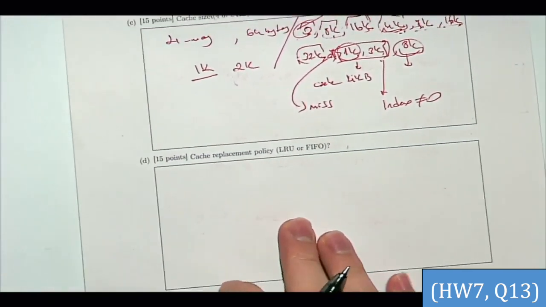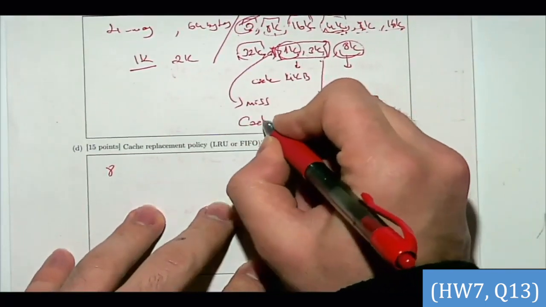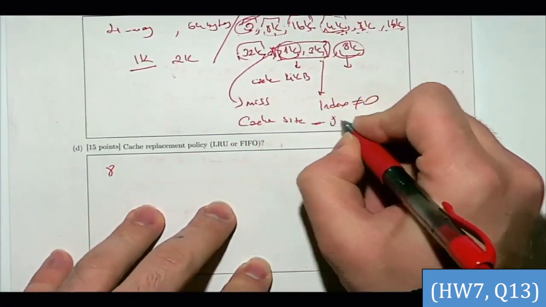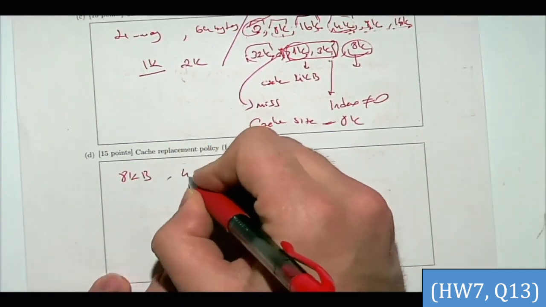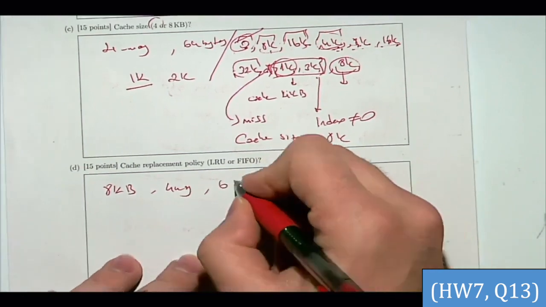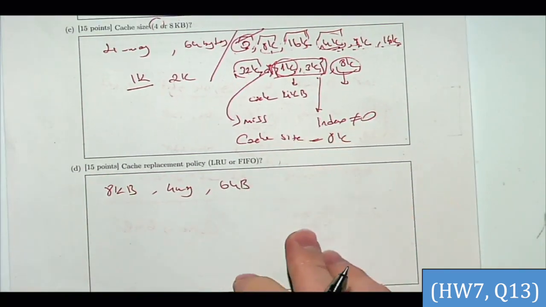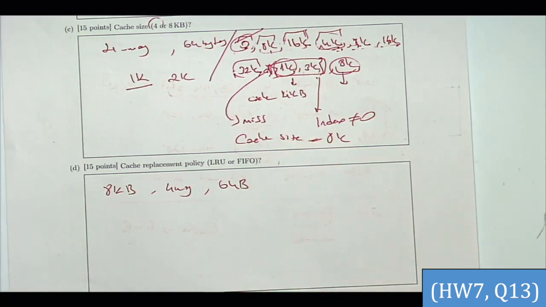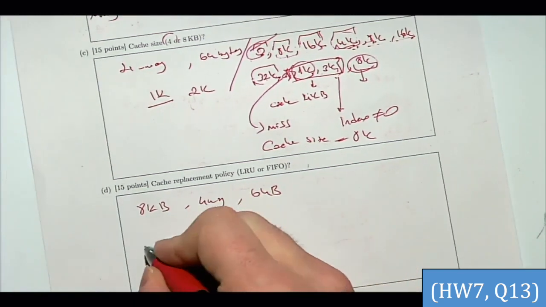So the last question. So we know that the cache size is 8 kilobyte. It's 4-way associative, and the block size is 64 bytes. All right, let's do the same for one last time.